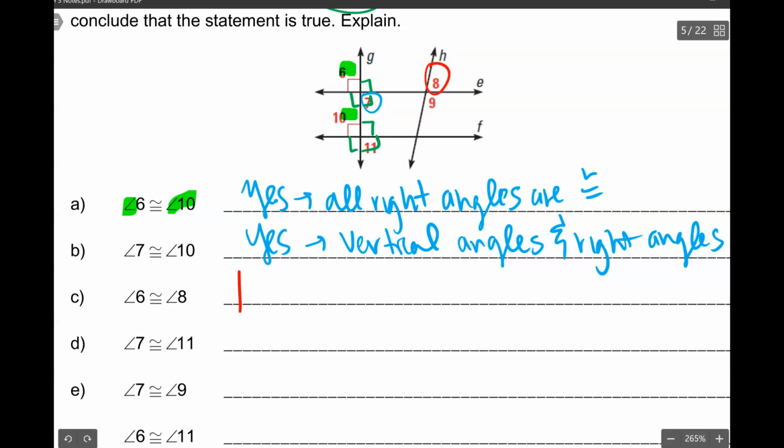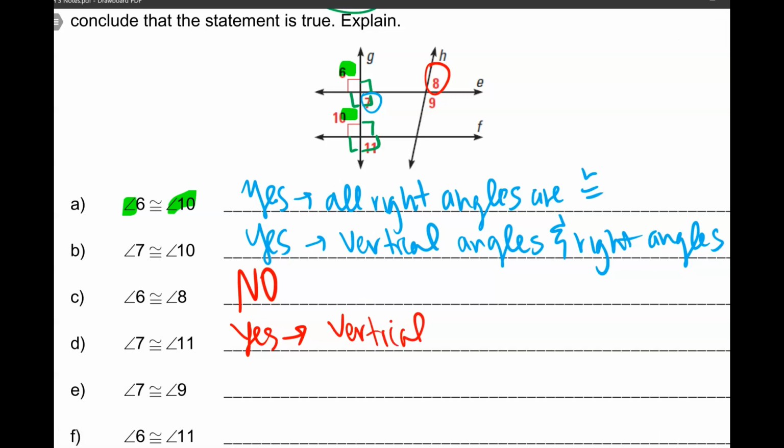We don't know if it's 90 degrees, so we don't have enough information. 7 and 11. Well, yes, because once again, they're both right angles. We could say 11 is a vertical angle of 10, and 7 is a vertical angle of 6. Because 10 and 6 are congruent, 7 and 11 will be congruent as well.